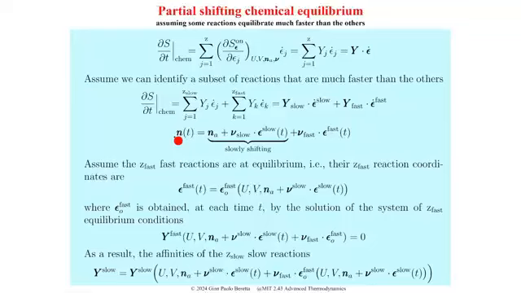Of course, the proportionality relation is this one. It's also a summation, so we have split the summation also in here. And the slow means that we can assume that this part of the composition is slowly varying as compared to this contribution here of the fast reactions.